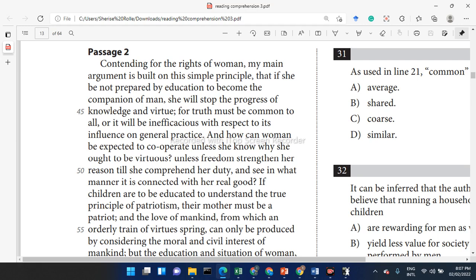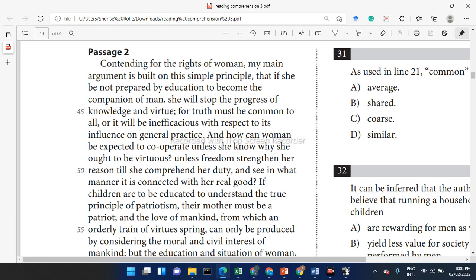Contending for the rights of women, my main argument is built on this simple principle: that if she be not prepared by education to become the companion of man, she will stop the progress of knowledge and virtue.